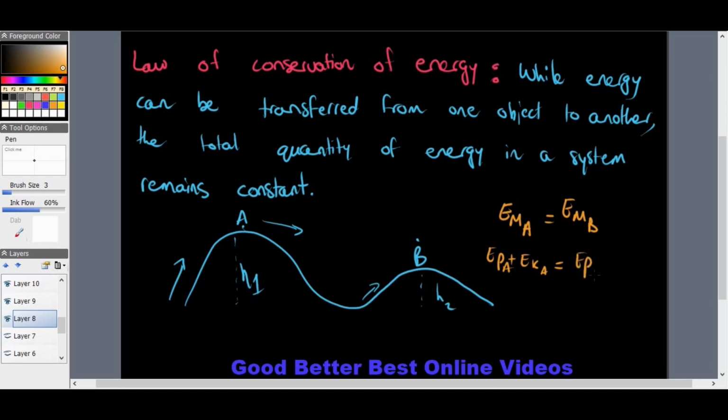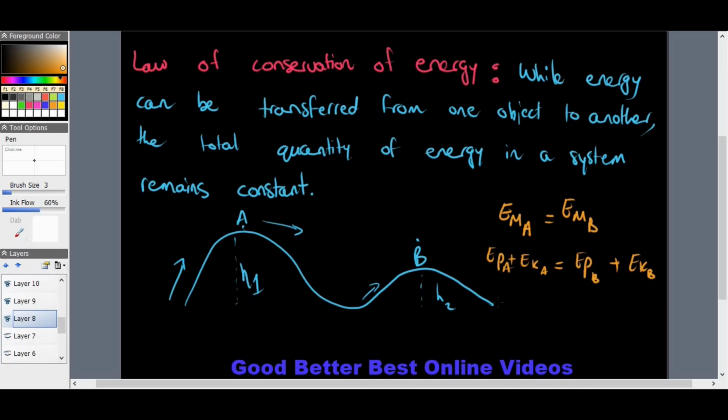So potential energy at point B plus kinetic energy at point B. Now we know the formula for both: mgh plus half mv squared. This is a great way to determine the velocity. If we're given the velocity at point A, what is the velocity at point B?